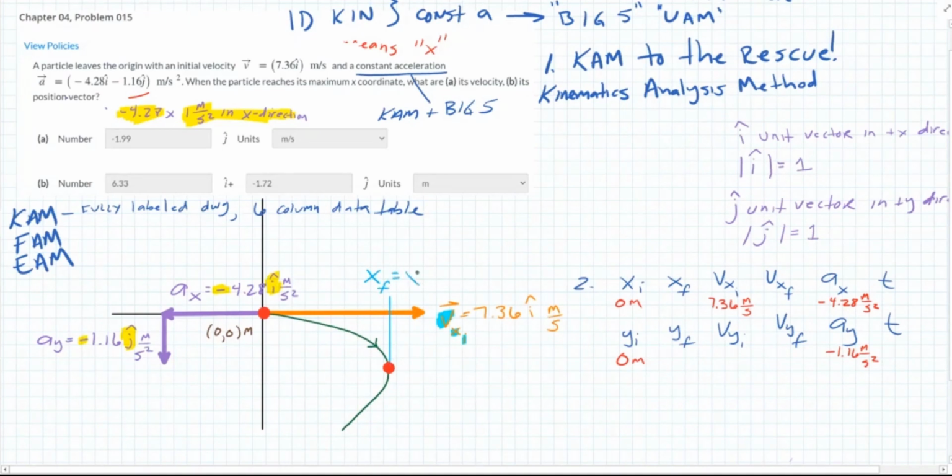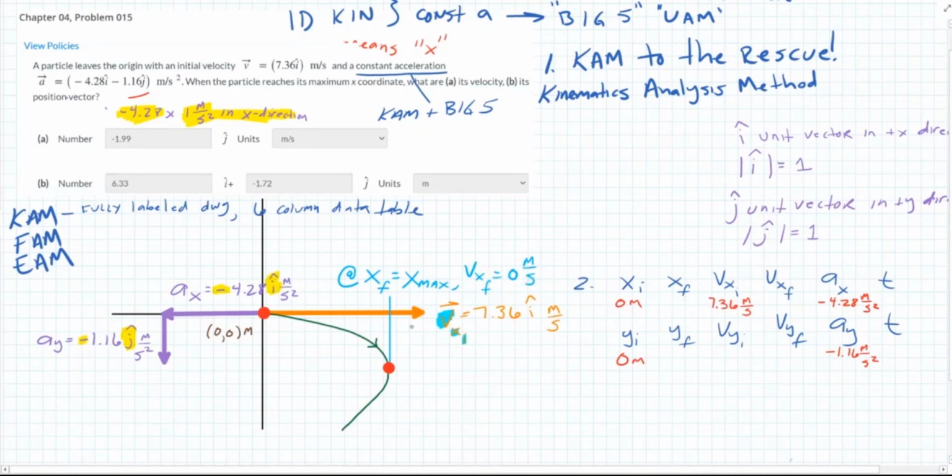That's going to equal the maximum x. And at that final x position, this particle has reached a maximum x coordinate, because then it starts to reverse itself. And at this point, I can say Vx final equals 0 meters per second.